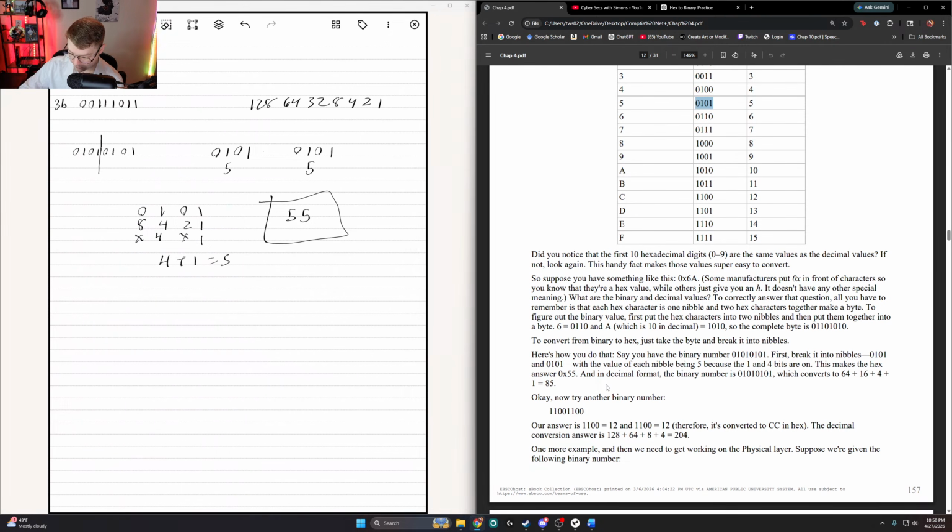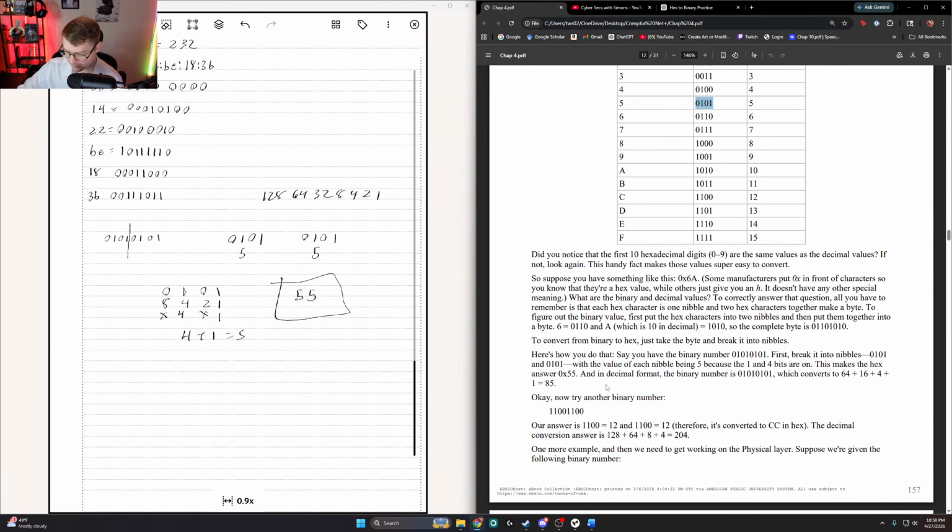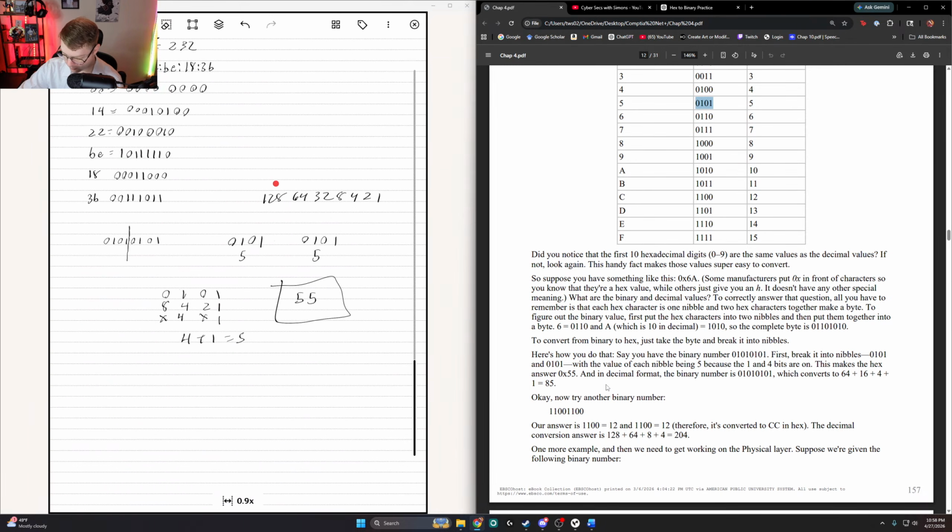If we were to only convert it via the binary conversion value, we have 0, 1, 0, 1, 0, 1. Oh, I messed something up. I missed 16. So 128, 64, 32, 16, 8, 4, 2, and 1: 0, 1, 0, 1, 0, 1, 0, 1. So 128 is turned off.